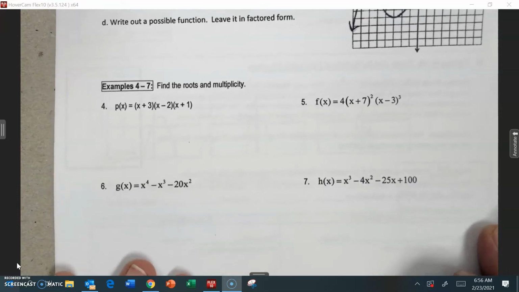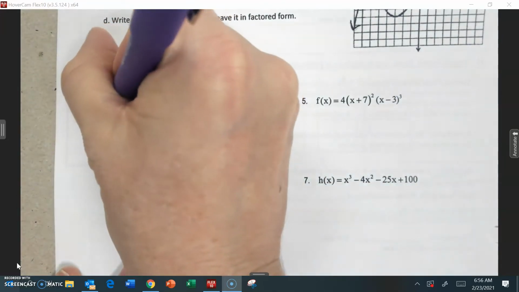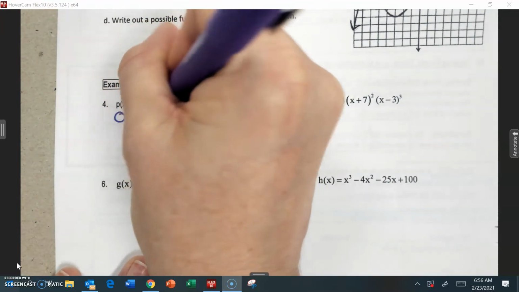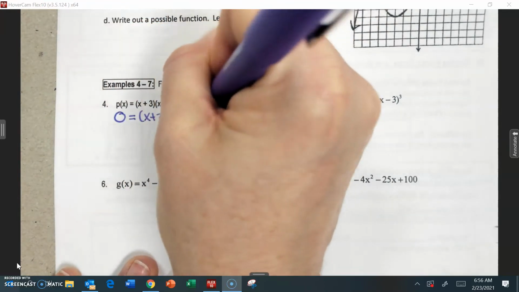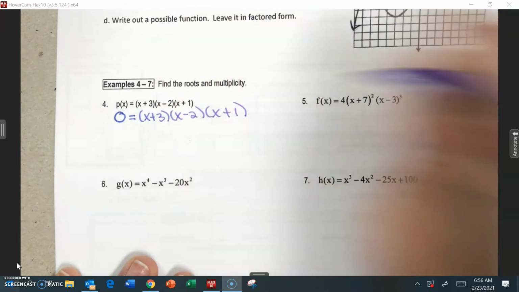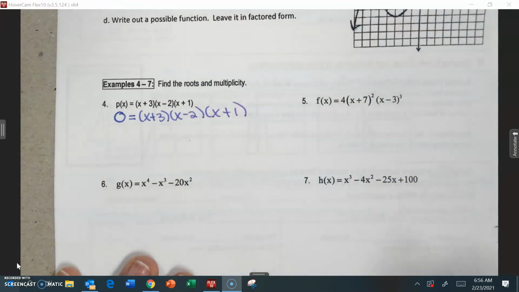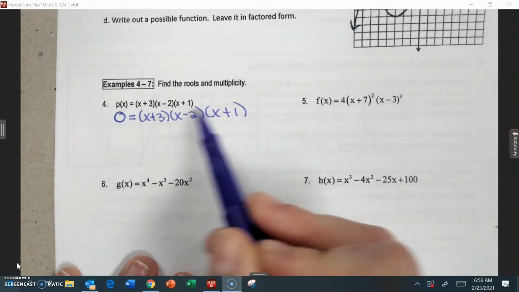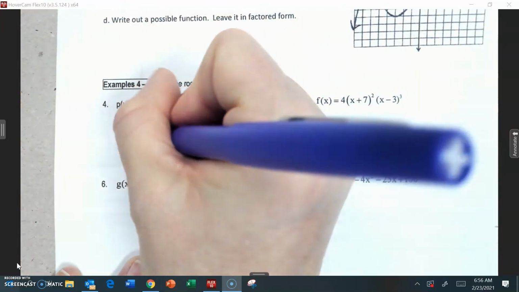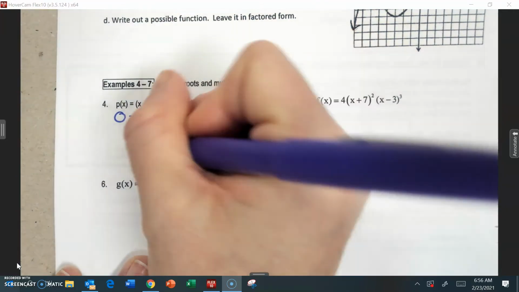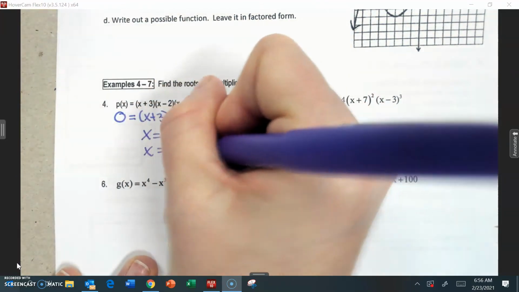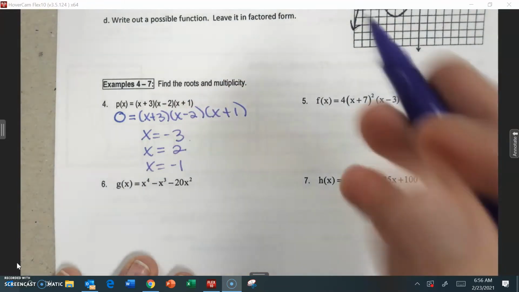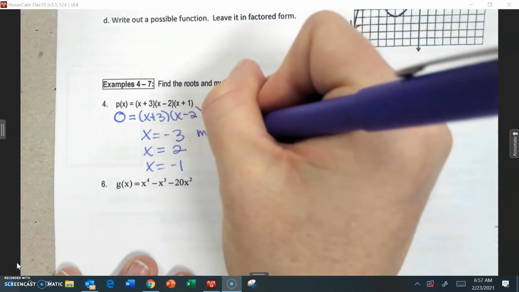So I think we're at a level where if you still need to recognize that you have to substitute in 0 for the y value to find your x-intercepts, or what we call roots, please do that. But basically, I know that this whole thing will be 0 if x were -3, x were 2, and x were -1.